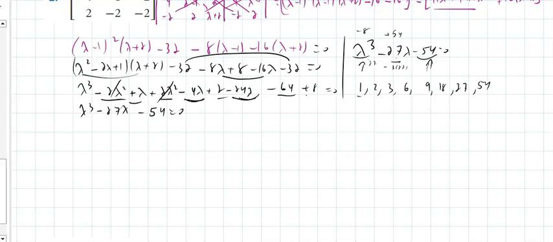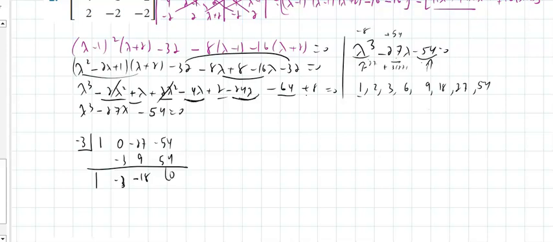Nope. Negative 3 will be negative 27 plus 3 of those minus 2 of those. That works. Negative 3 works. Negative 3 gives it a 0. So 1, 0, negative 27, and negative 54. Nine, negative 18, 54, and a 0.